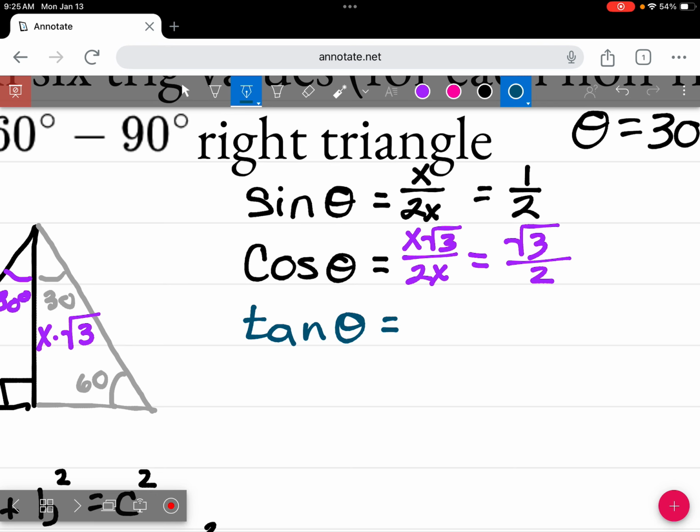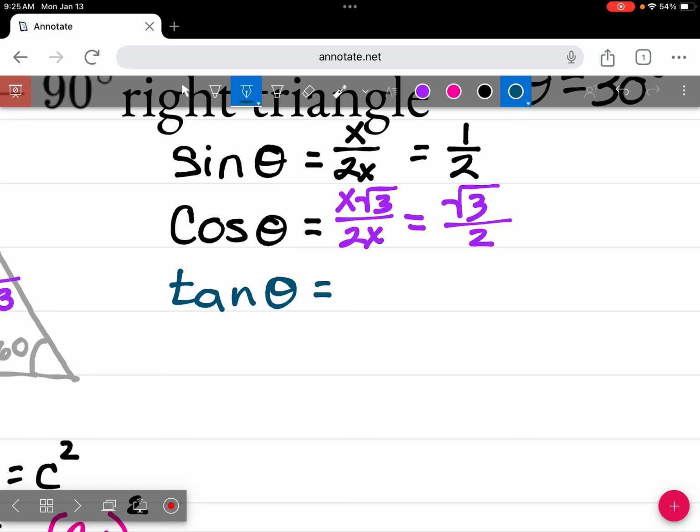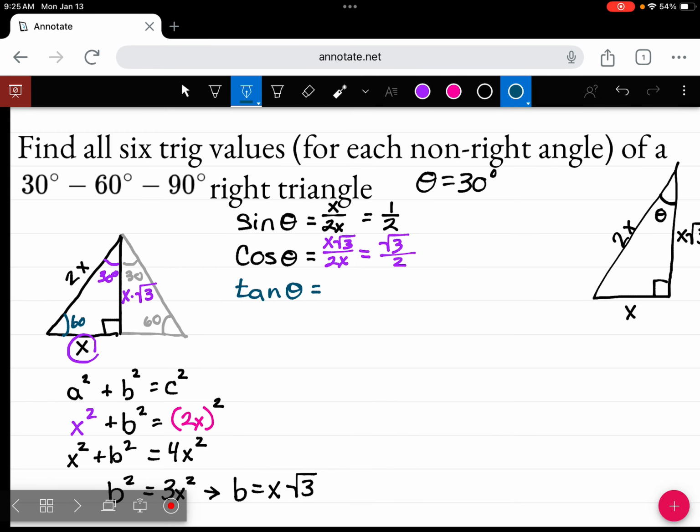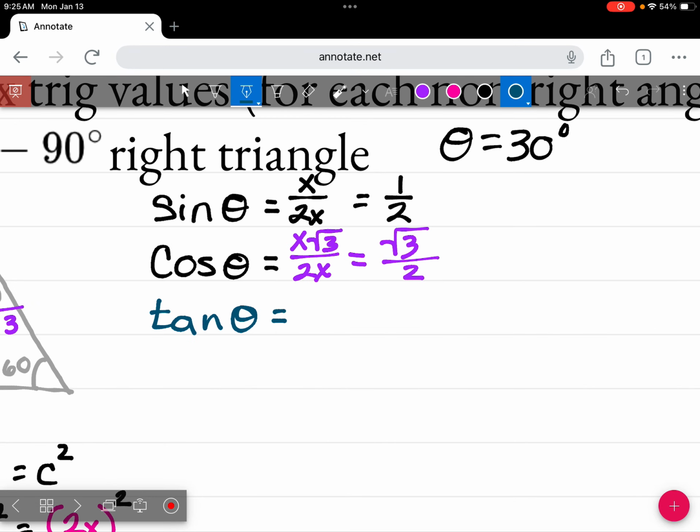What's tangent going to be? x over x square root of 3. Sorry, my brain stopped there for a second. So again, those x's are going to cancel out. We get our 1 over square root of 3. We don't get to keep square roots in the denominator, so what is this one going to be rationalized? Square root of 3 over 3.